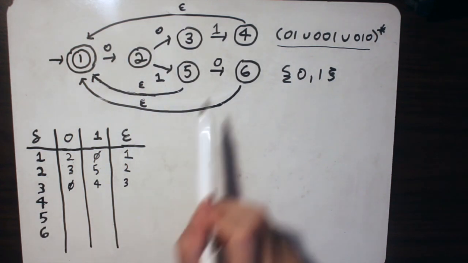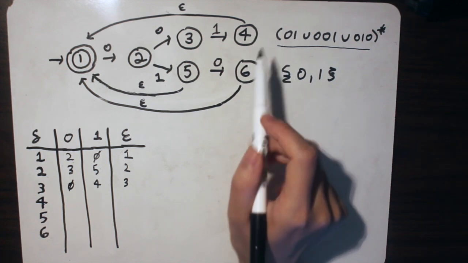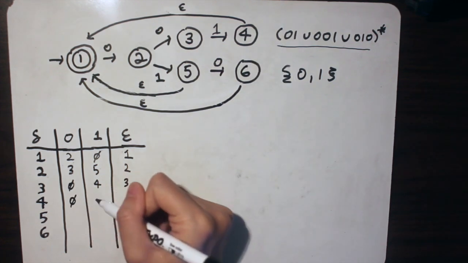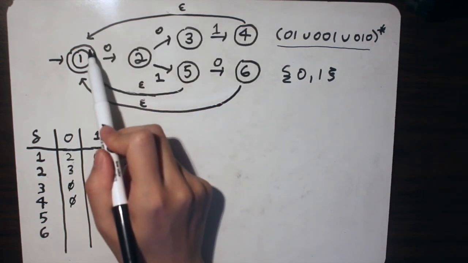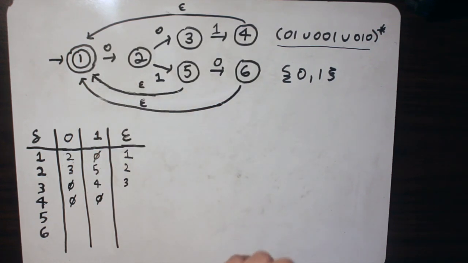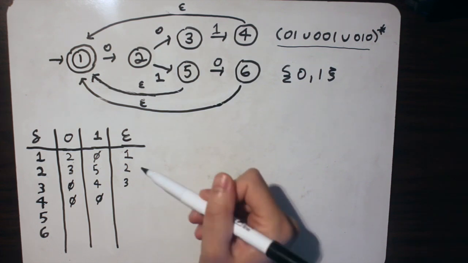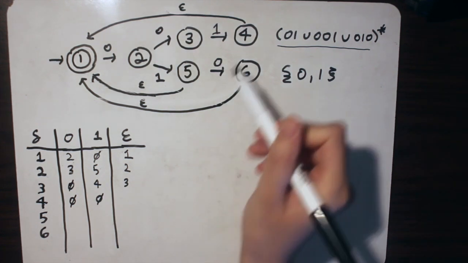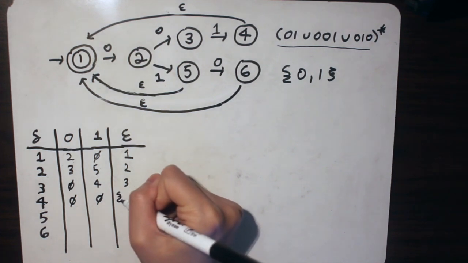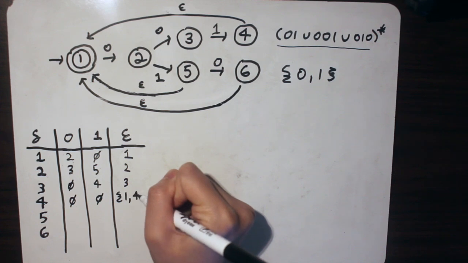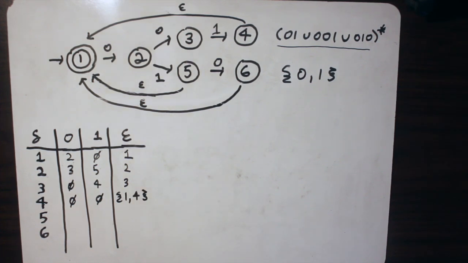So for 4, there's no arrow with 0 and 1 taking us anywhere, so we're just going to put an empty set and an empty set. And on an epsilon, we can actually go back to the start state of 1, but also keep in mind that just like in our earlier 3 states, we could still just remain in the state 4 on an empty string. So I'm just going to write that as the set 1 and 4, so that we include both of them.